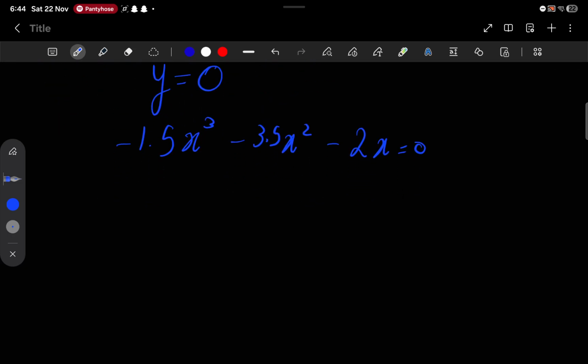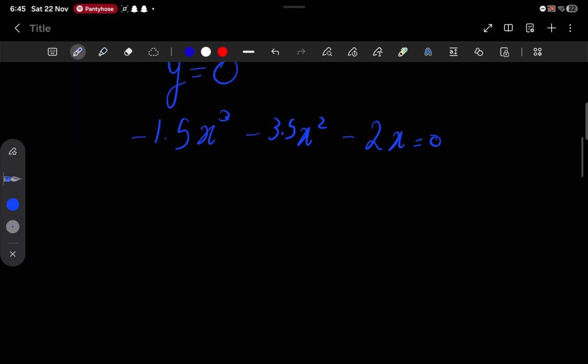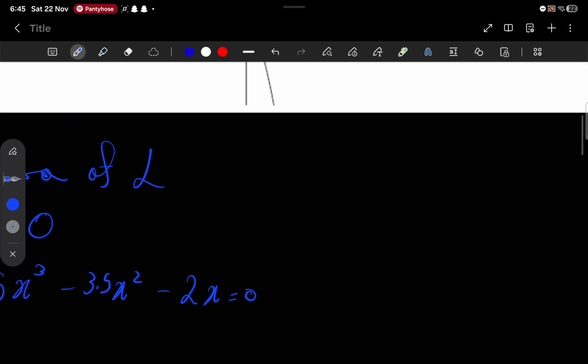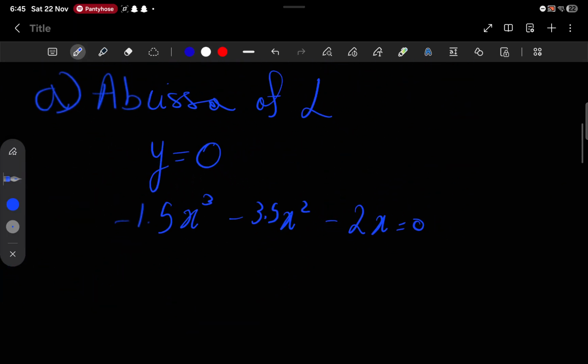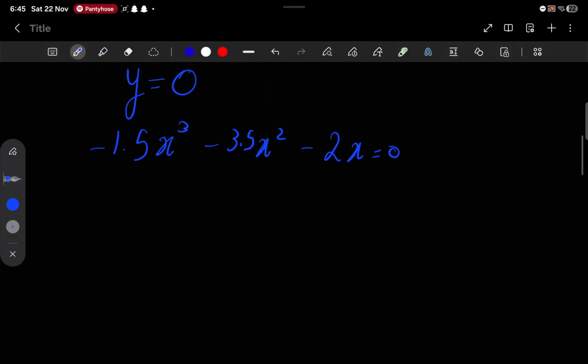But actually, let's do it without the equation solver, because some calculators can't do equation solver with cubic. So, take everything to the other side. You'll get 1.5 x cubed plus 3.5 x squared minus 2x is equal to 0.